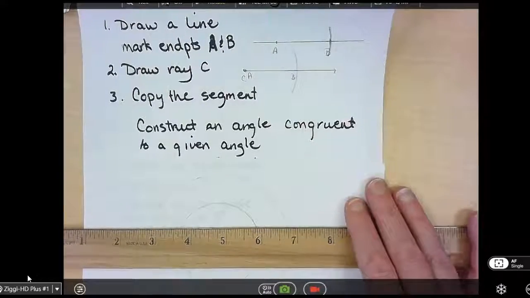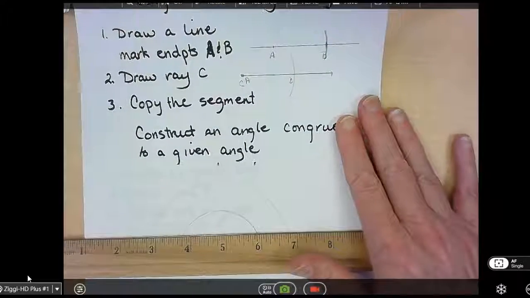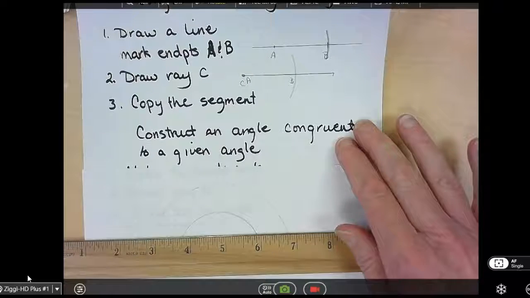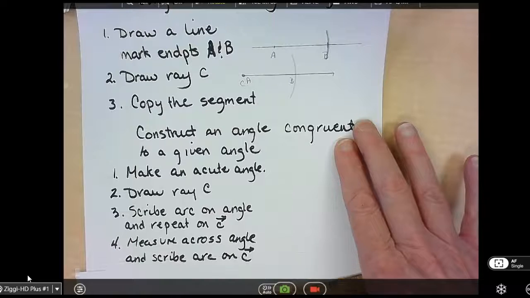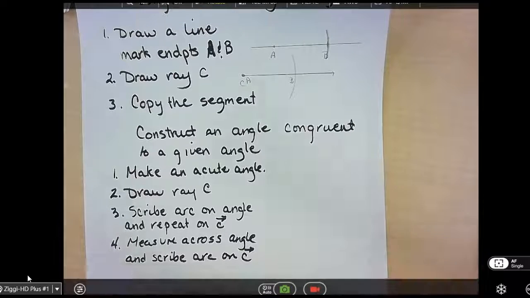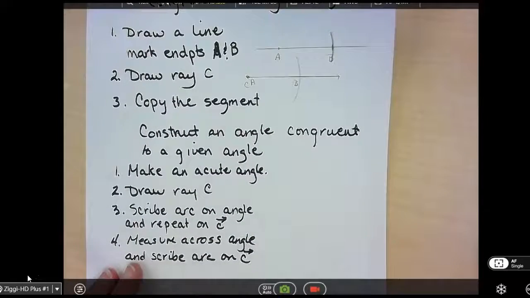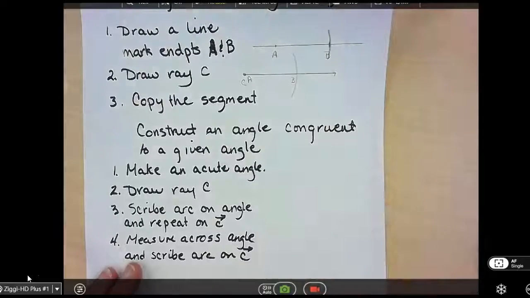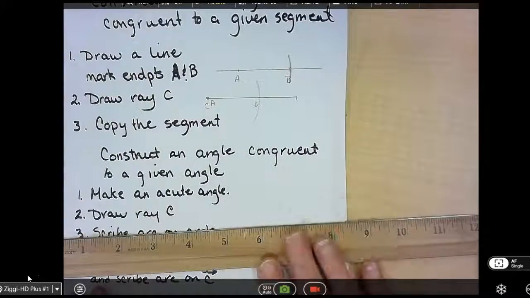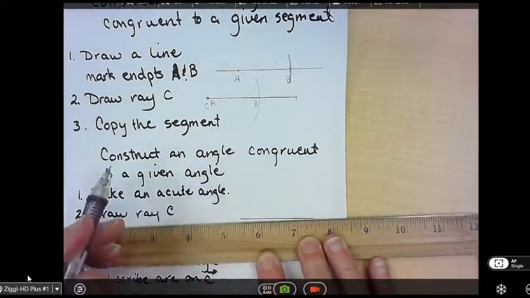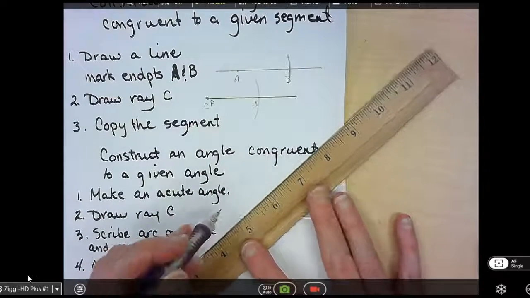All right, so the second drawing you're doing is construct an angle congruent to a given angle. So my steps are to make an acute angle. All right, so over on my drawing, I just want to draw any acute angle.